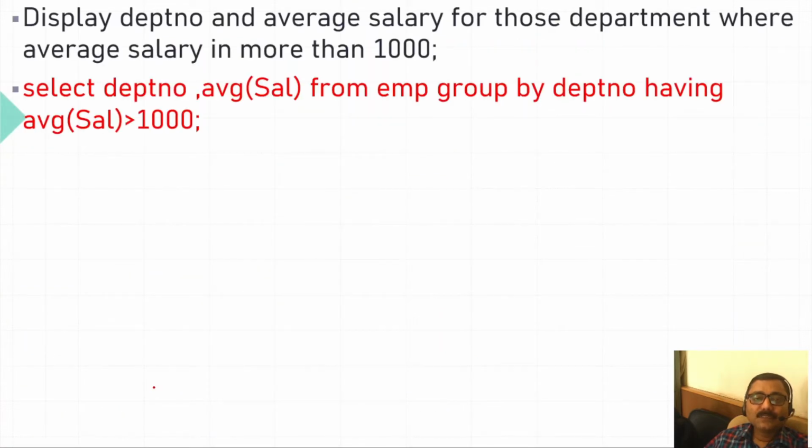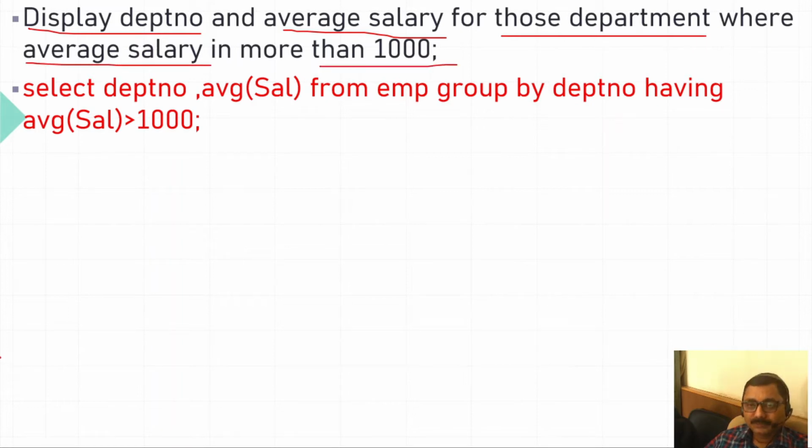Then if you go ahead further, this is another example of group by clause, where we'll be using having also. So see, display department number and average salary. Means in the output we want that the output of the query should have department number and average salary for those departments where average salary is more than 1000.